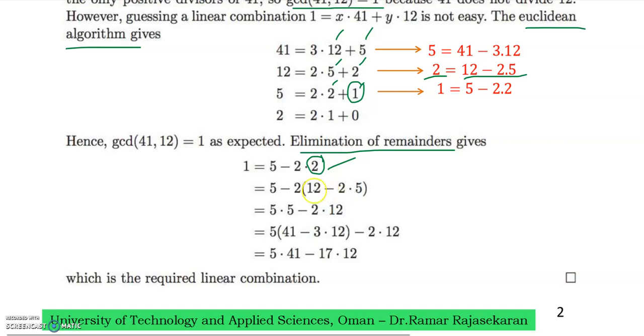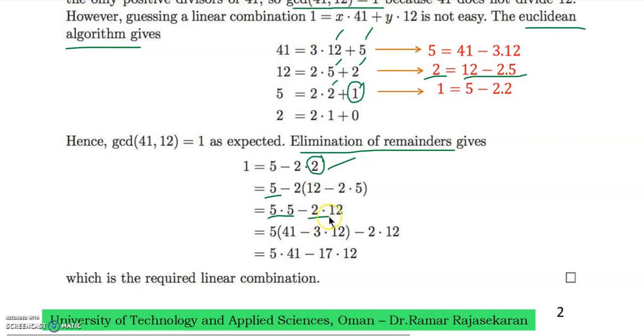Now we already have 1 times 5. See carefully: the 5 here, plus 4 times 5, I have 1 time 5 already, so that is 5 times 5. The remaining term is minus 2 times 12.